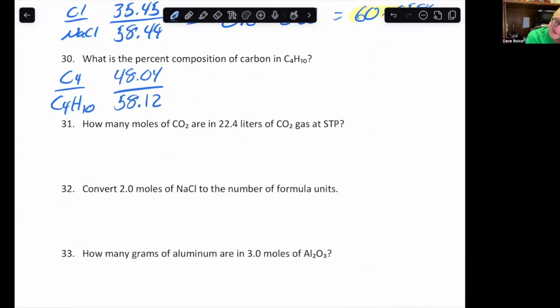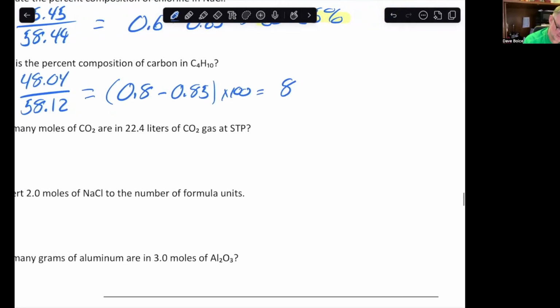The only thing I have left is hydrogen, so those are pretty light. So this is going to be between 0.8 to 0.85, times 100, which is between 80 to 85%.